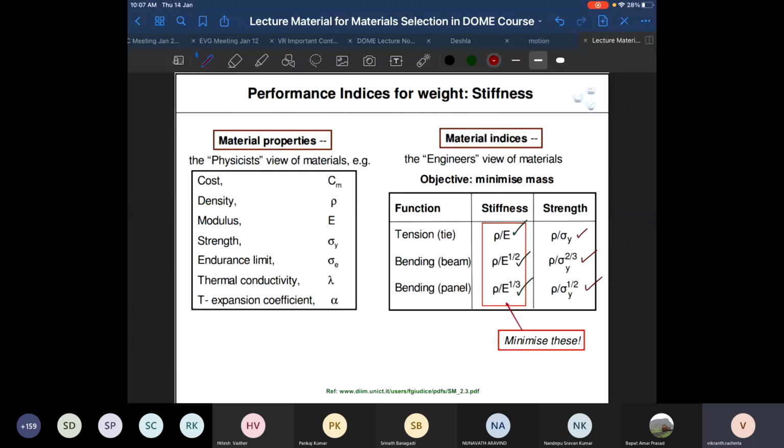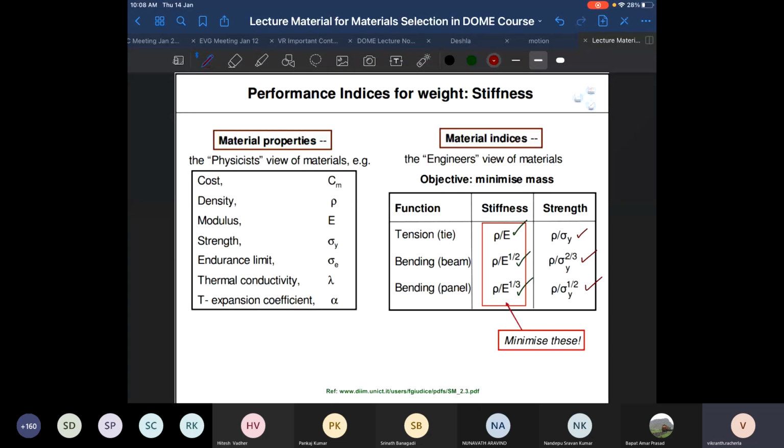On the other hand, if it is a beam or a panel which is subjected to bending, then in that particular case, you would have aluminium as a better choice when weight reduction is your motive. So, when aluminium is chosen over steel, we had seen that the weight of the member for aluminium alloy would be about 40% smaller than that for the steel alloys.